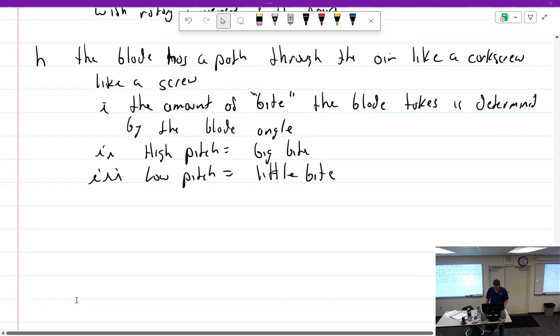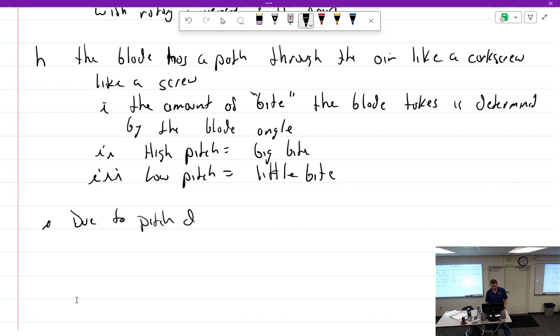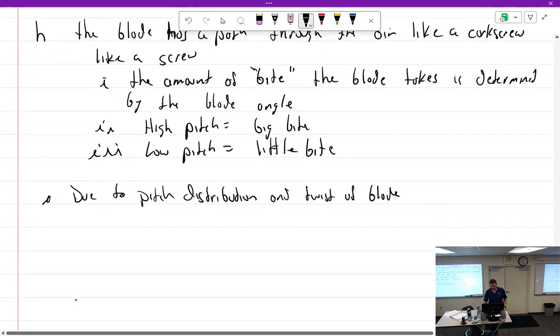All right, due to pitch distribution and twist of blade, the blade angle at one station is usually different from the blade angle at another station.